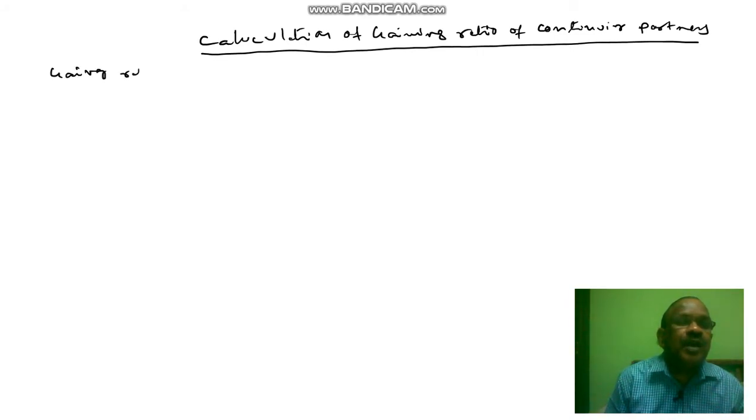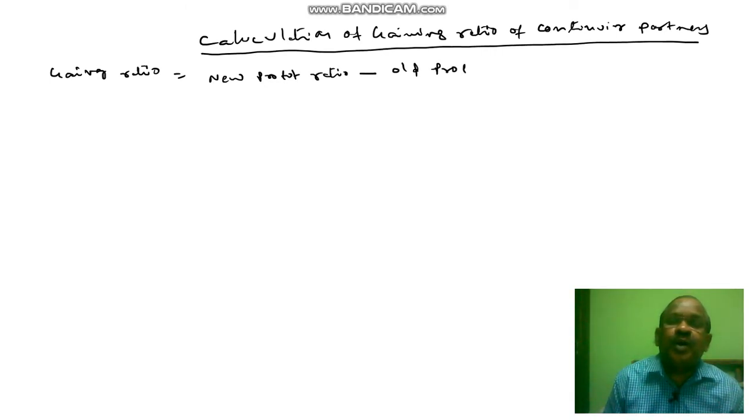Here the gaining ratio is equal to new profit ratio minus old profit ratio.